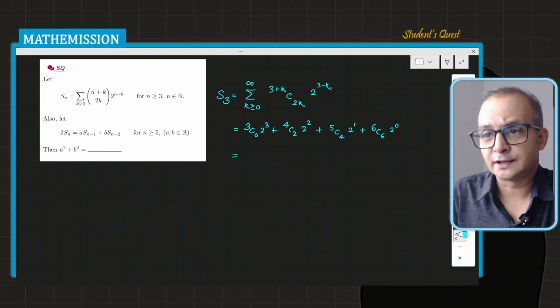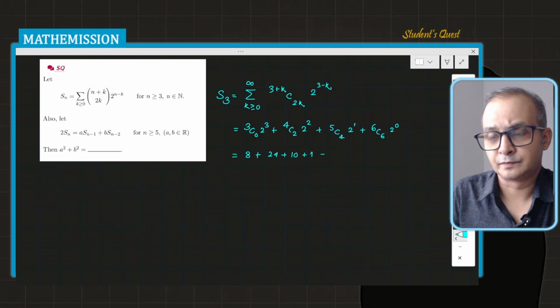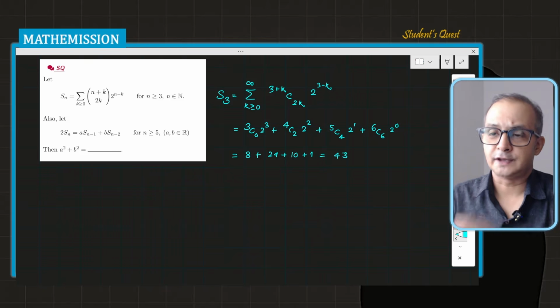Calculating, you get 8 plus 24 plus 10 plus 1, which gives 43. So this is the value of S3.